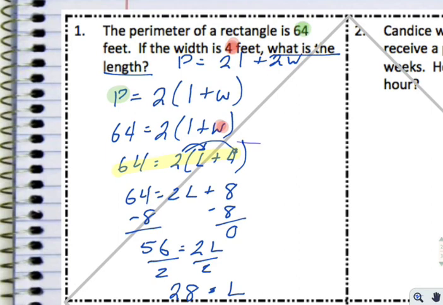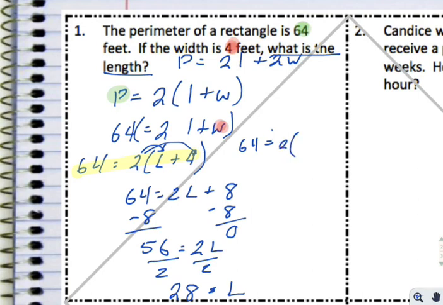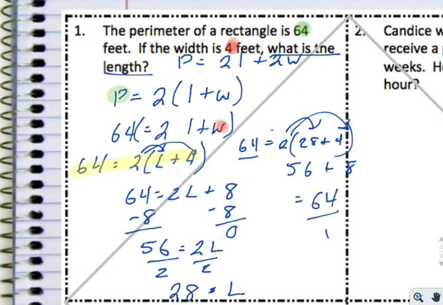So let's see how that works. 64 equals 2 times 28 plus 4. So I'm going to distribute. 2 times 28 is equal to 56 plus 2 times 4 is 8. 56 plus 8 is 64, which is what it's supposed to be. So I know that I got the correct answer.